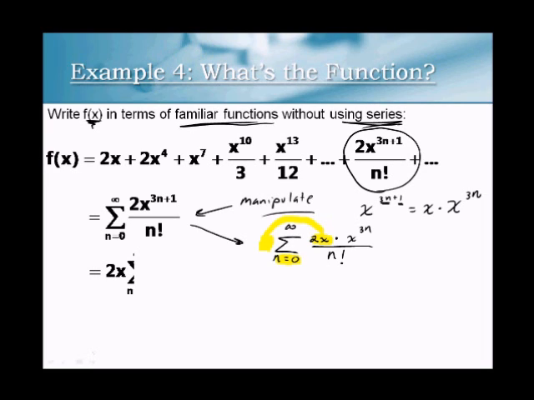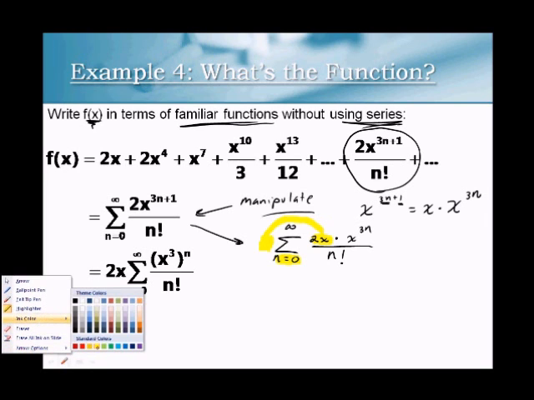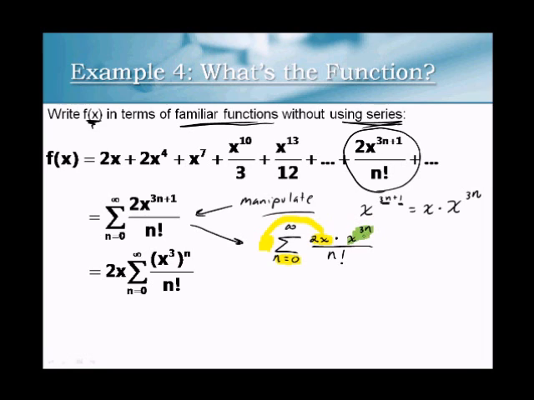So here we have it, 2x times the sum from 0 to infinity of x cubed to the nth power all over n factorial. And you'll notice I have one other little change here. X to the 3n, I rewrote as x cubed to the n power. And the reason I did that is, hopefully what you're noticing already, the inside of this sum looks really, really close to our sum for e to the x.